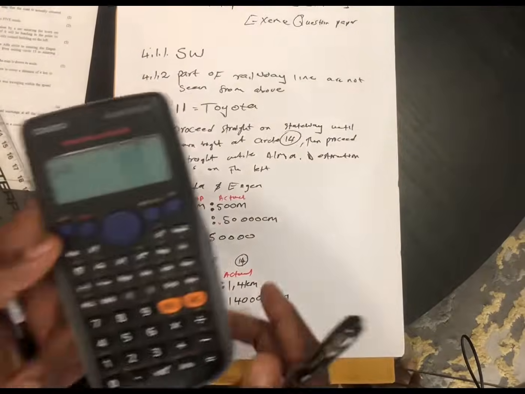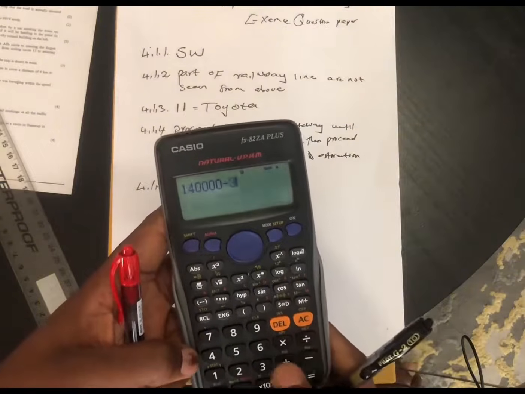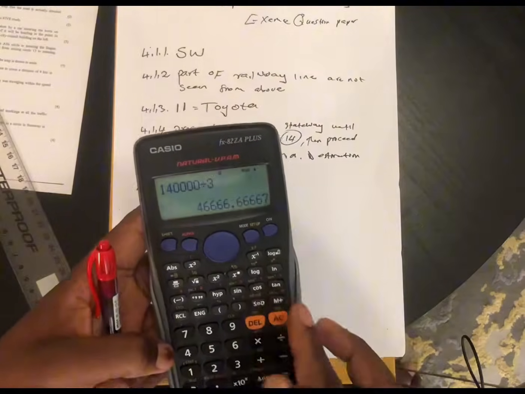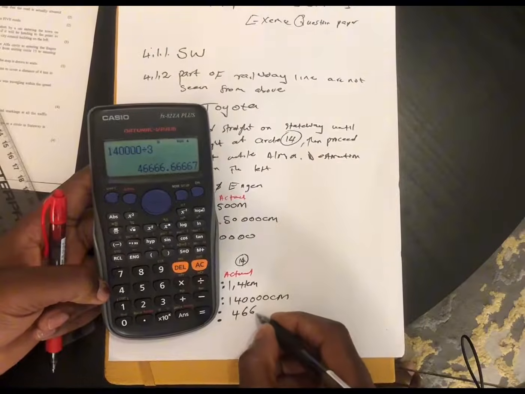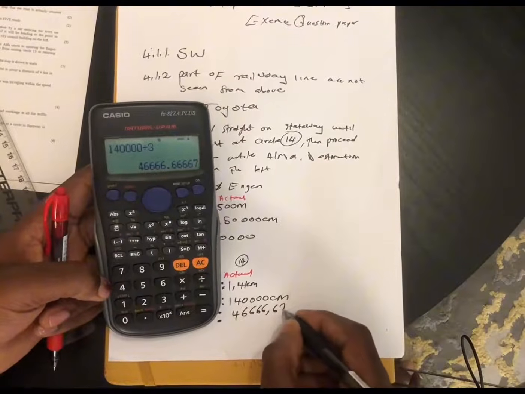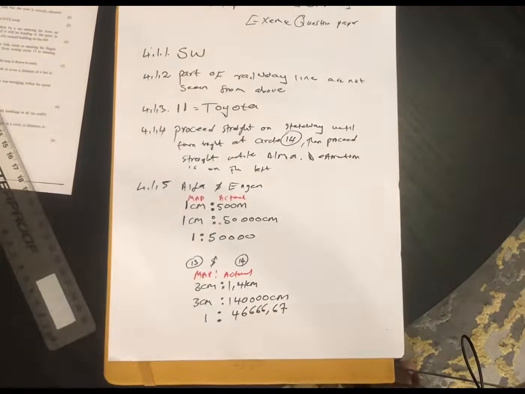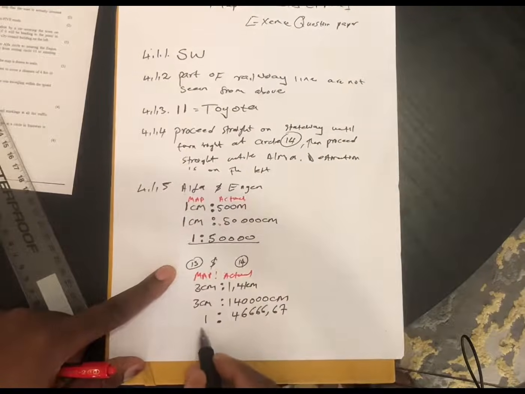The other side, we say 140,000. We also divide the other side by 3. We find that our answer here is 46,666.67.